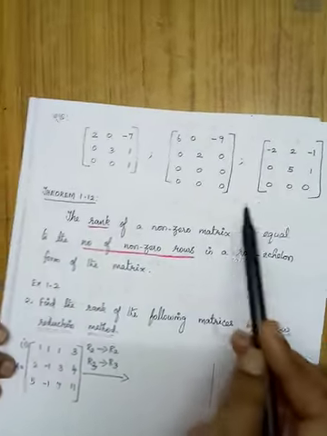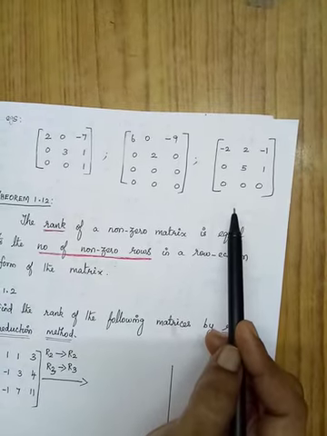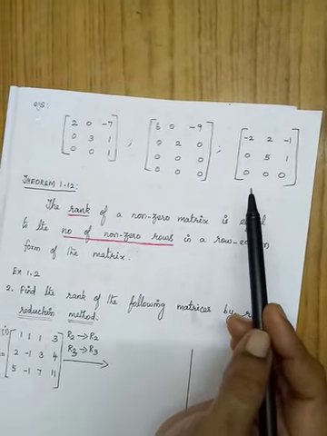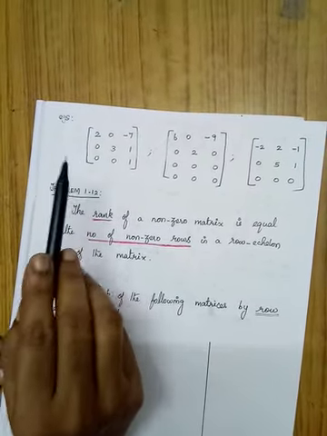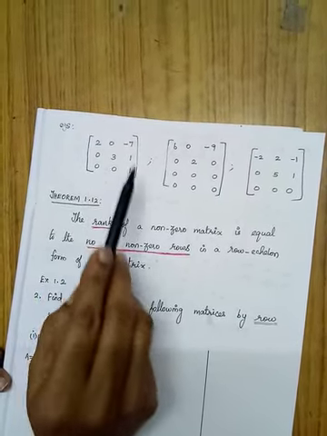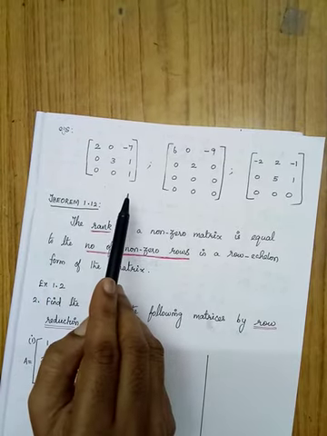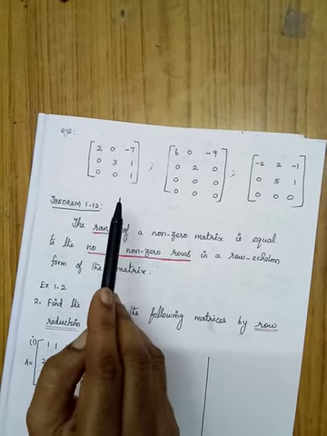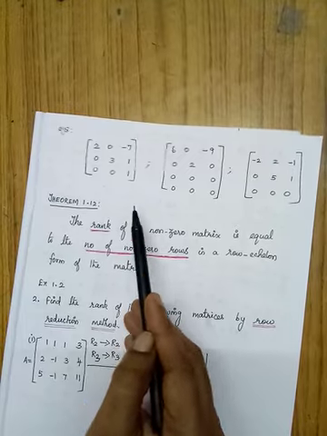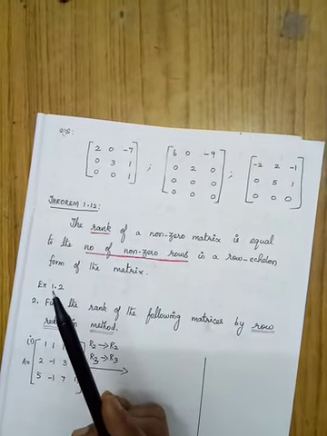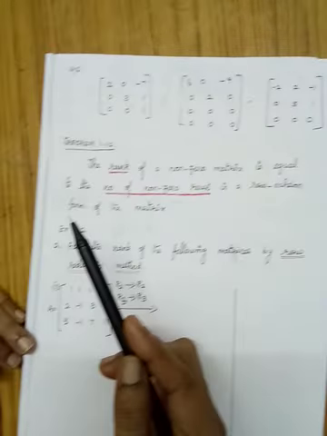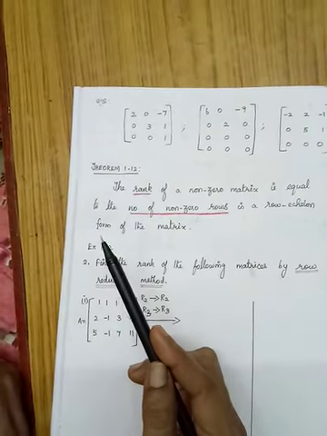After bringing the matrix into row echelon form, how do we find the rank of the matrix? You have to count how many non-zero rows there are in the row echelon form. That number of non-zero rows is the rank of the matrix.